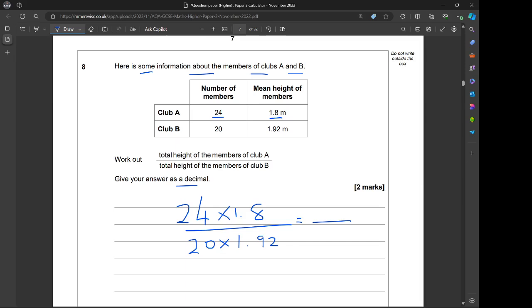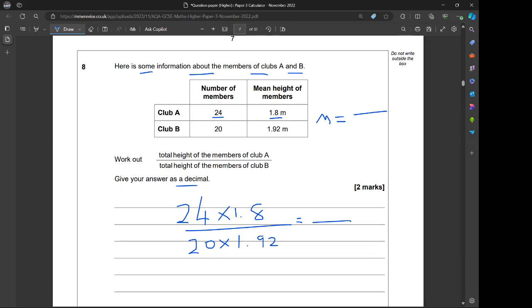So you times them because of the mean. Remember, the mean is when you add up all your data and divide it by the total frequency. So we want to work out the individual bits of data for club A and club B. We don't know the total, but our job is to work out the sum.